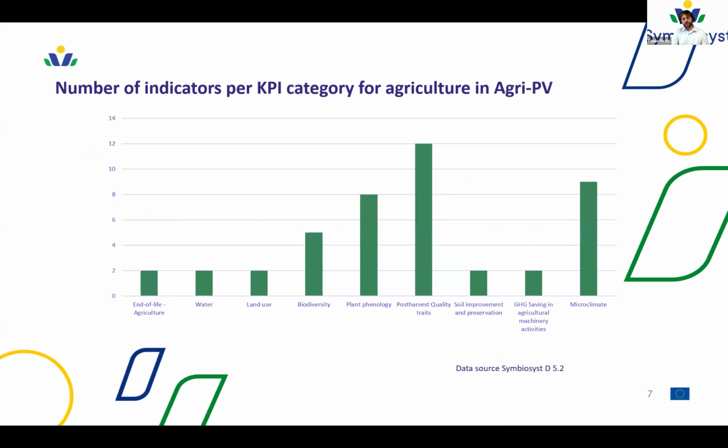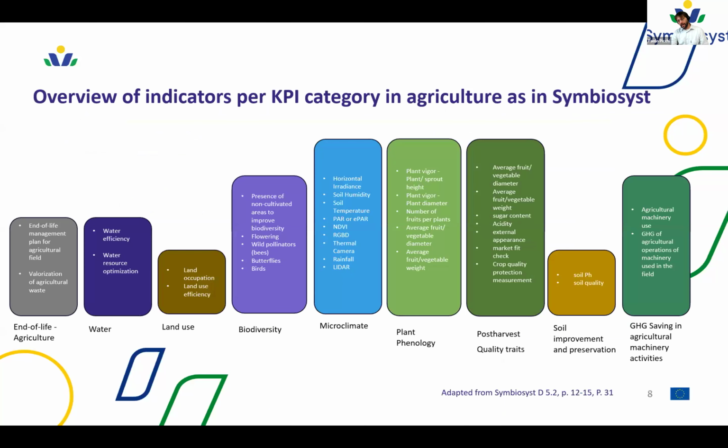In the SYMBIOSYST project, we highlighted early, in deliverable 5.2, different categories of indicators related to agrivoltaics.